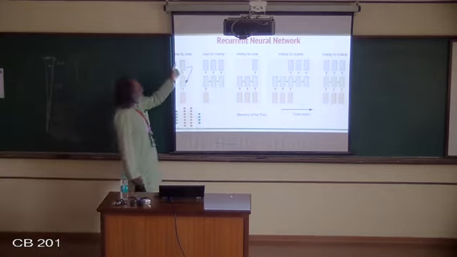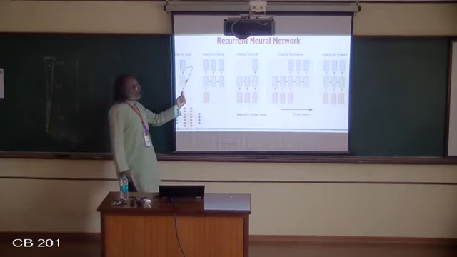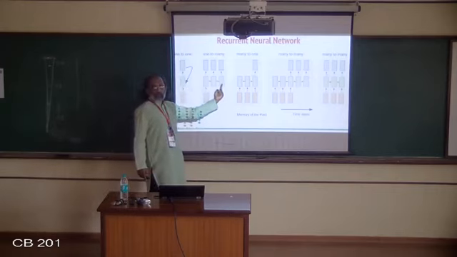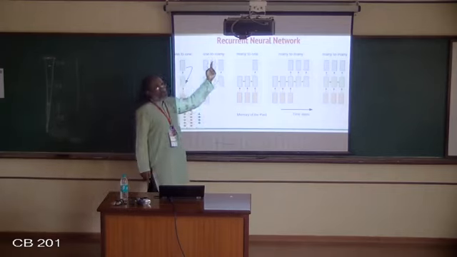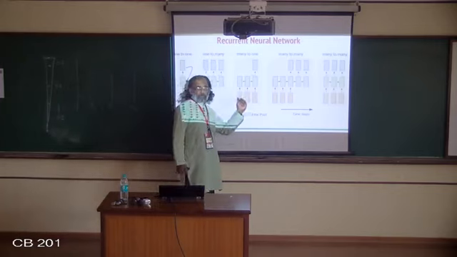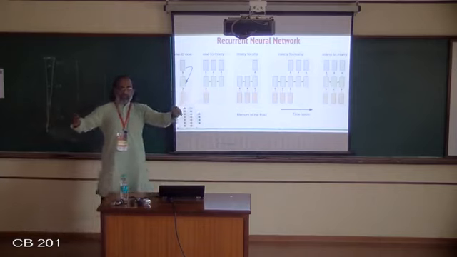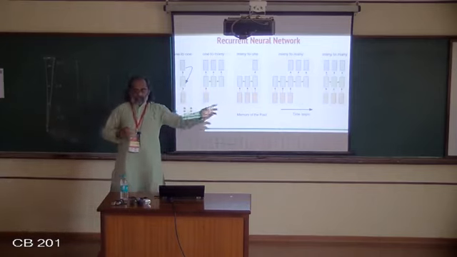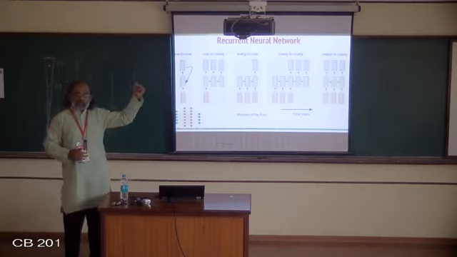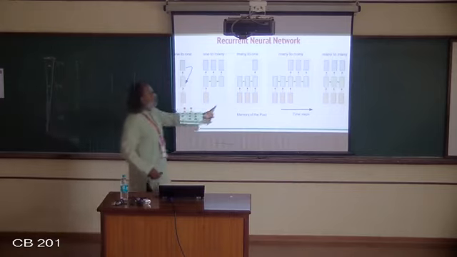So here it is a 1-to-1, which means that you input one, you get one output. Here it will be 1-to-many, where you keep on looking at the history, and each time you give an output. Or it can be a many-to-one, where you keep on looking at the sequence and say that, oh, this is a dangerous situation. So you see a person moving, and if you see that he is going to a particular place where he is not supposed to be present, then immediately you send an alarm.